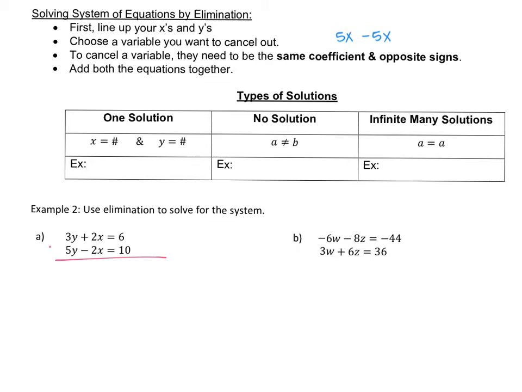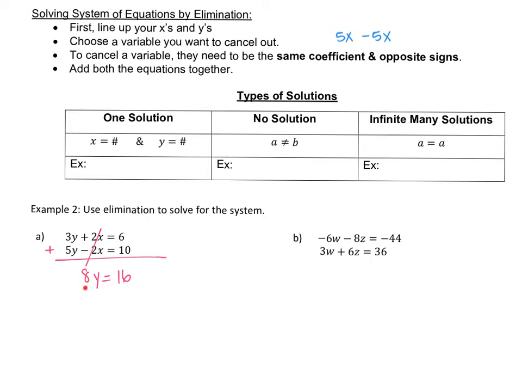When I add these two equations, because elimination means you add both equations, the positive 2x and the negative 2x cancel. 3y and 5y add to 8y, and 6 plus 10 is 16.